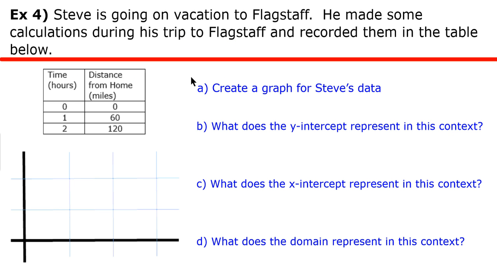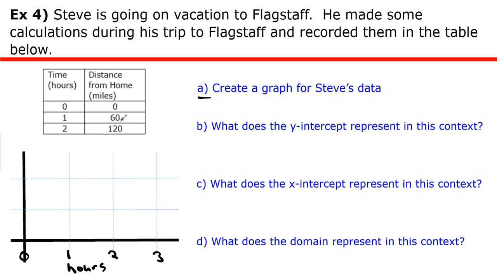Next one, number 4. Steve is going on a vacation to Flagstaff. He made some calculations during his trip and recorded them in the table below. They want us to first create a table for Steve's data. We got points here, so let's go ahead. This is my time in hours, going 0, 1, 2, and we only need to go up to 2.